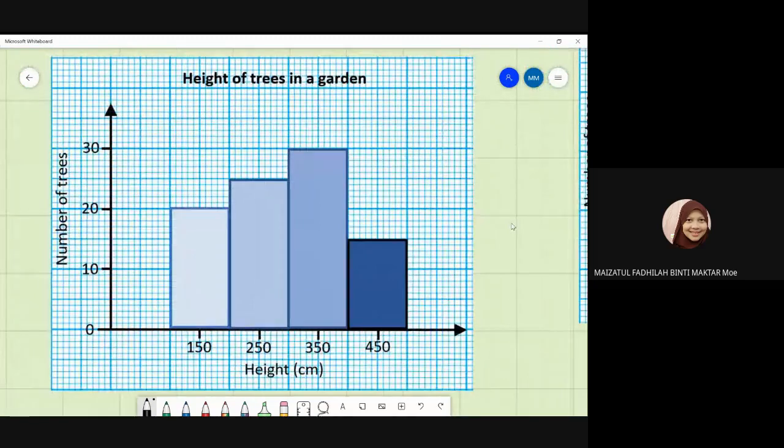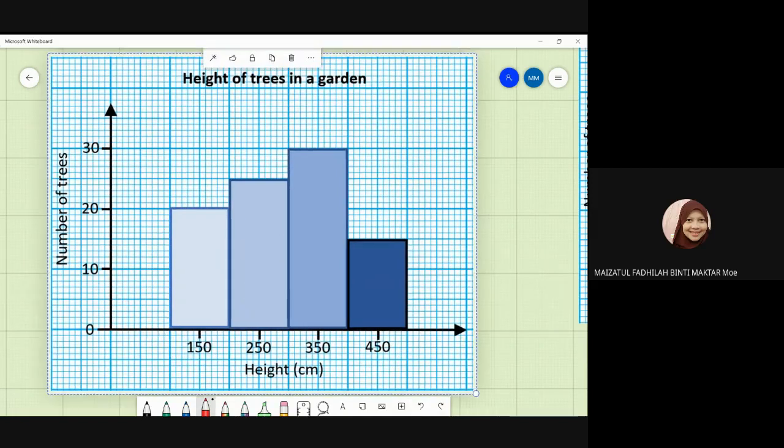For this one, you must find the midpoint of each bar. You just see where the middle of the line is. For the first bar, the midpoint of the graph is here. You label it as x.